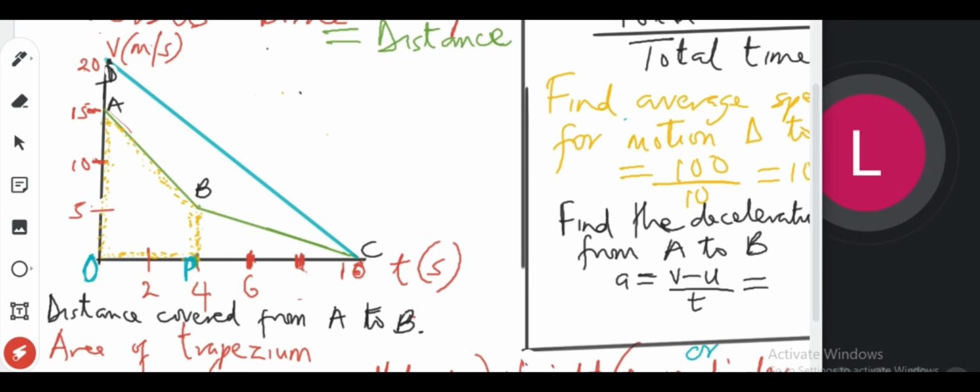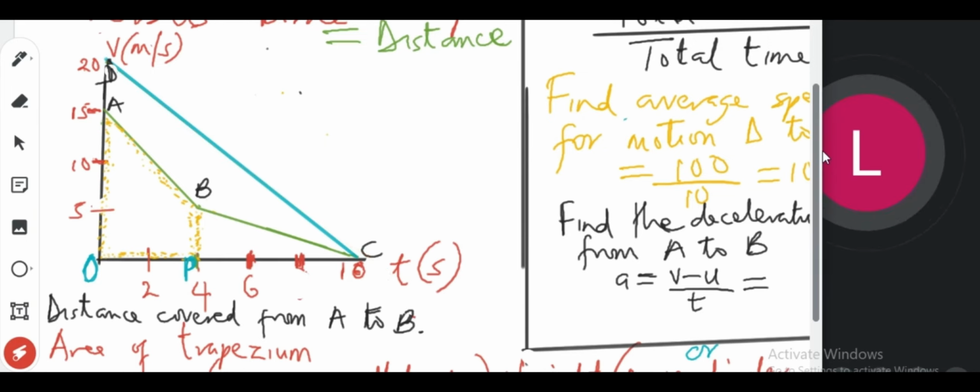For the green one, there's a first constant deceleration from A to B, and then there's a lower constant deceleration, because B to C has a smaller slope, a lower gradient than A to B. So two different decelerations, but the blue one has a constant deceleration from start to finish.